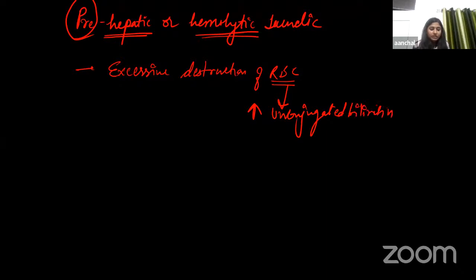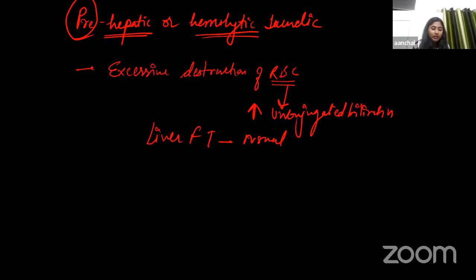And in this condition, the excretory function of liver will be normal. So all the liver function will be normal. But the quantity of bilirubin increases abnormally, and the liver cells cannot excrete that much excess bilirubin rapidly, and unconjugated bilirubin is insoluble in water, and also it does not get excreted in urine.